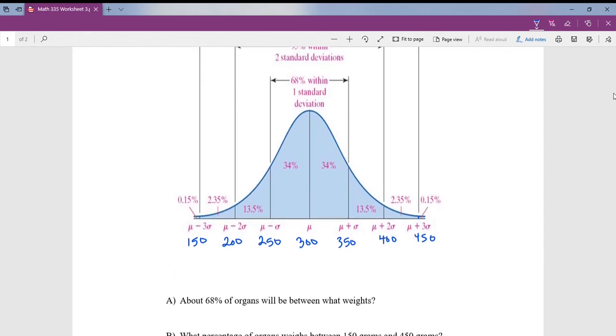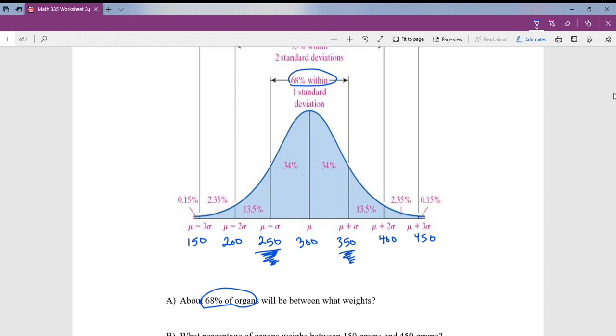Part A, about 68% of organs will be between what weights? 68%. So that's a golden number that we have to look up, and it's right here, 68%. So I know if my weights are between 250 and 350, that's going to capture 68% of those weights.